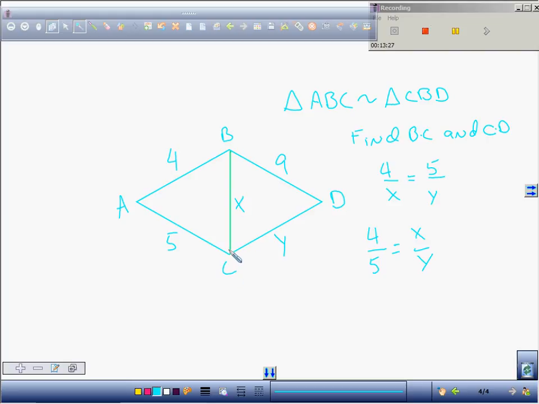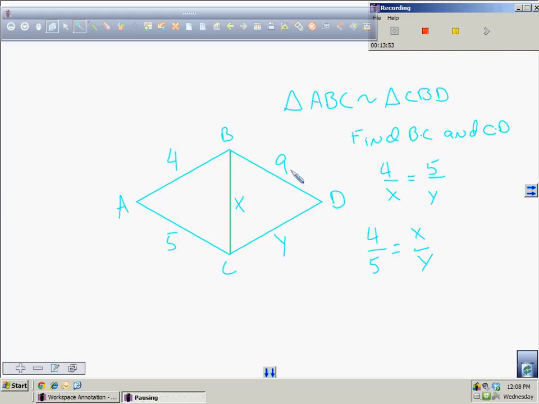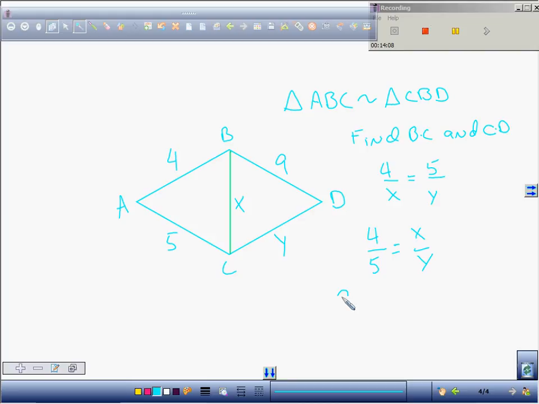BC is 4. How do you know that? Because it's equal to AB. We better pause. That's where you gotta be kind of smart, kids. Watch. BD in this triangle goes with what in this triangle? 9 goes with BC, X, right? As X in this triangle, which is CB over here.